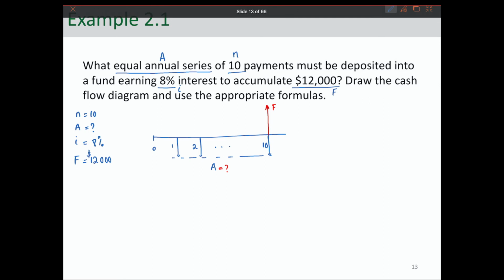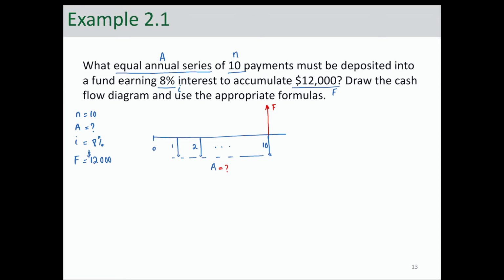So we know the formula for computing A in a uniform series, right? A is equal to F times I over 1 plus I to N minus 1.